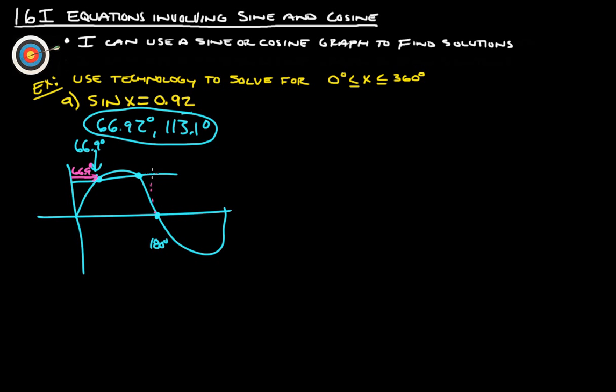I also know from here to here should also be 66.9 degrees. So to figure out the second one, I'm just going to do 180 minus 66.9, and you will get 113.1. So that's the way to do it without the graphing calculator.